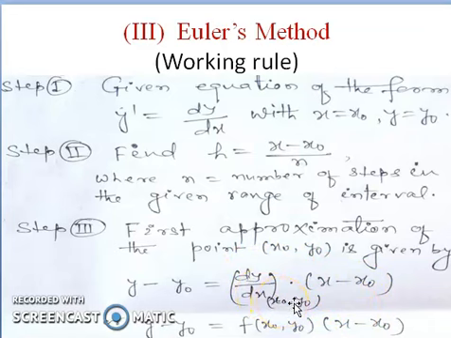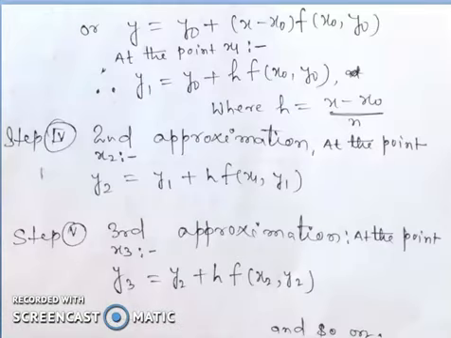Then y can be written as y0 plus x minus x0 times f of x0, y0.